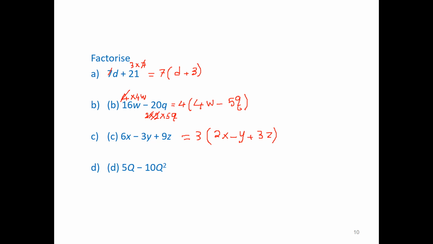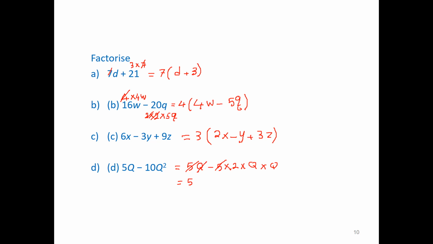Okay, the last one, what is the common factor? 5. Let me do this in detail. 5 times q minus 10, which is 5 times 2, and the q square is q times q. So this is equivalent. 5 is common, so we'll consider 5.